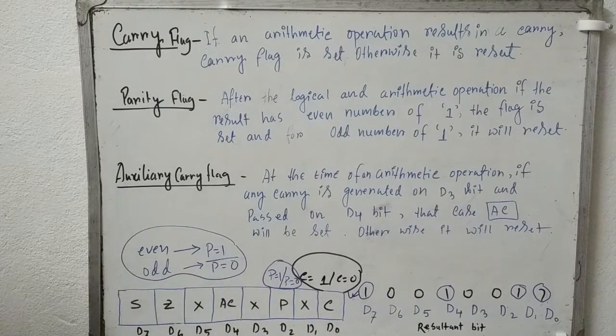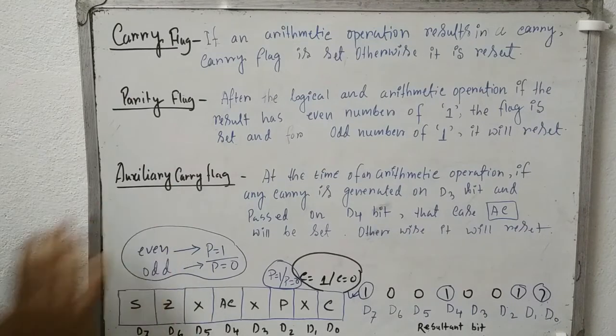Basically, this even or odd number of 1s in the 8 resultant bits will set or reset the D2 bit. So that was our parity flag.